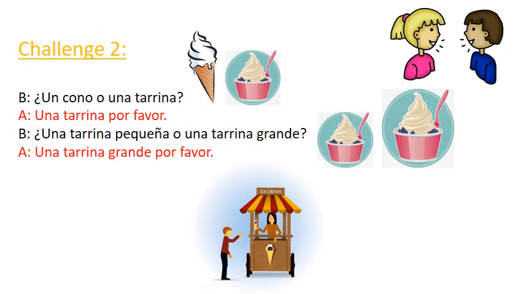Challenge 2. Again, you can say the whole thing after me. This is where we were thinking about the size of the ice cream and the cone or the tub. Okay, so my go, un cono o una tarina. Your go. Muy bien. So a cono is a cone and a tarina is a little tub.